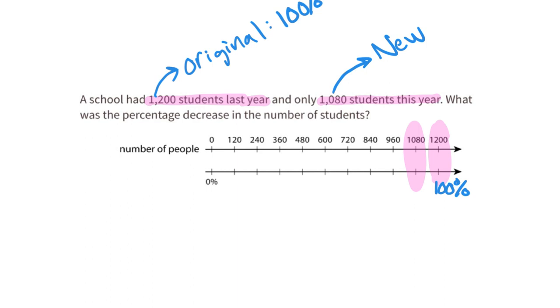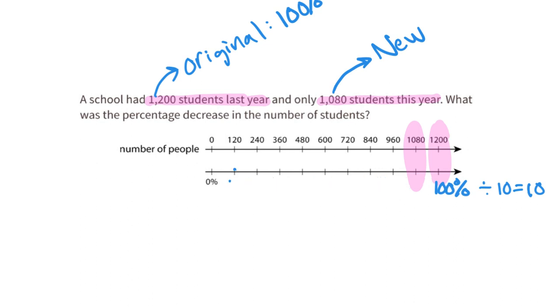Let's look at how many increments we have here. We have 1, 2, 3, 4, 5, 6, 7, 8, 9, 10. 10 increments to get to 100. So 100 divided by 10 is 10. That means each dot represents 10%.